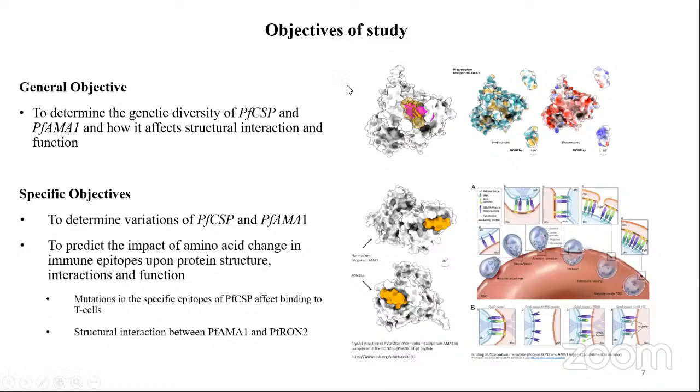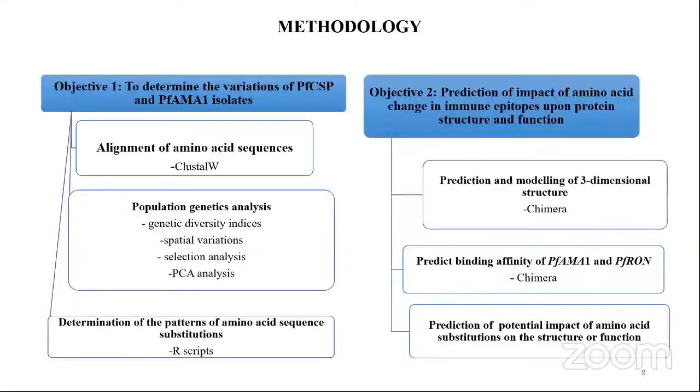Are we going to see the same hydrophobic conformations when we bind RON2 to the variant strains in our population as to AMA1? I also want to do that for PfCSP and its interactions with T cells.